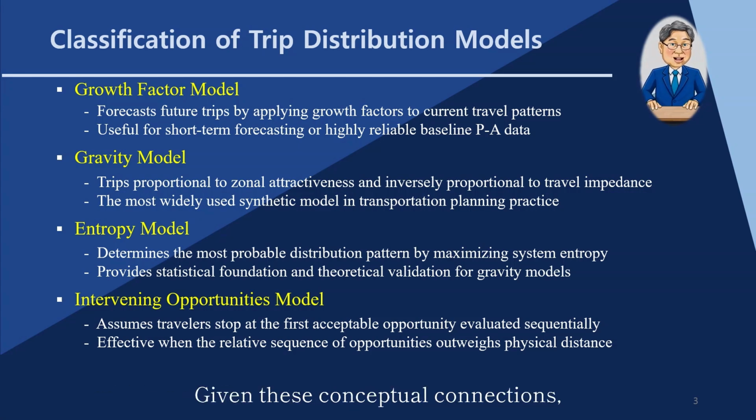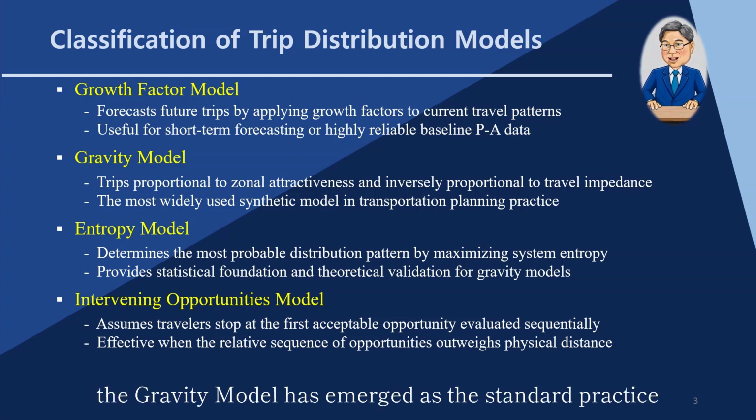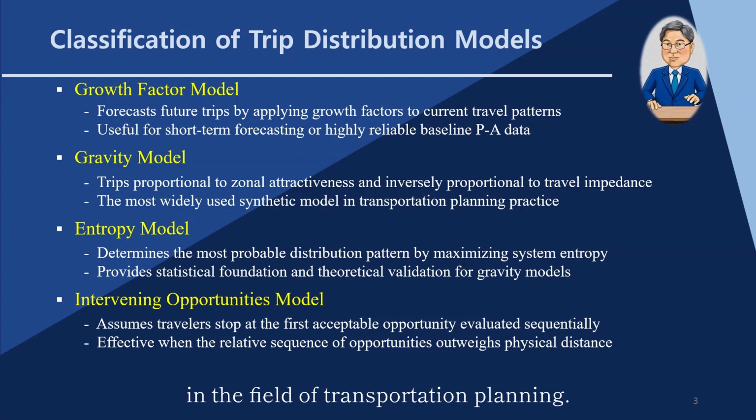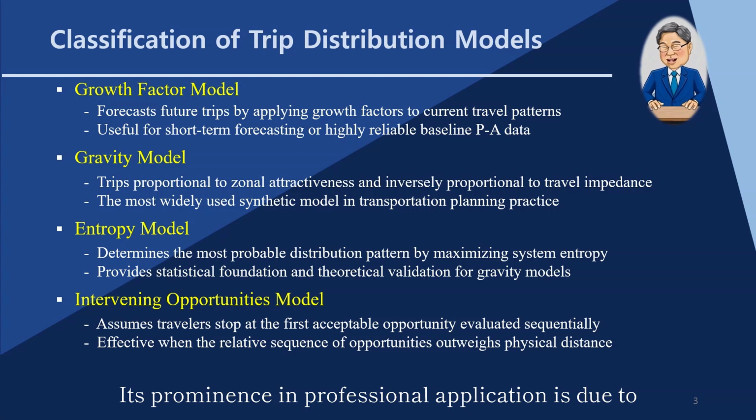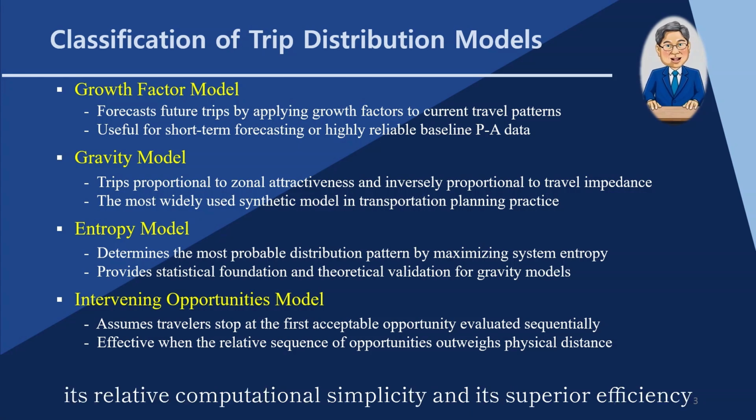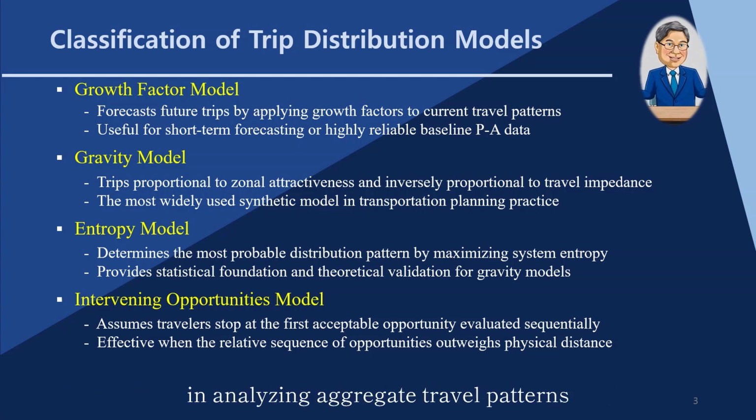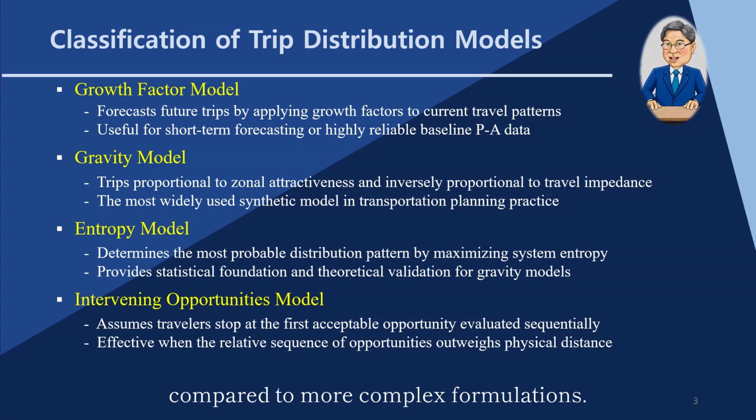Given these conceptual connections, the gravity model has emerged as the standard practice in the field of transportation planning. Its prominence in professional application is due to its relative computational simplicity and its superior efficiency in analyzing aggregate travel patterns compared to more complex formulations.